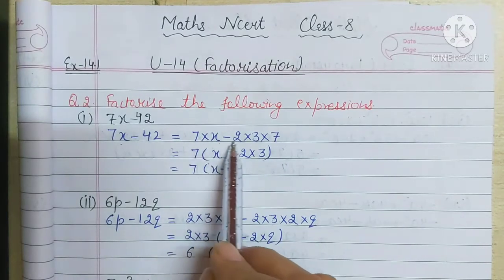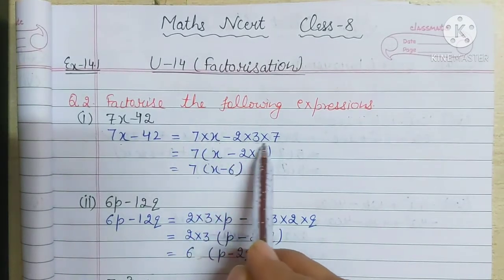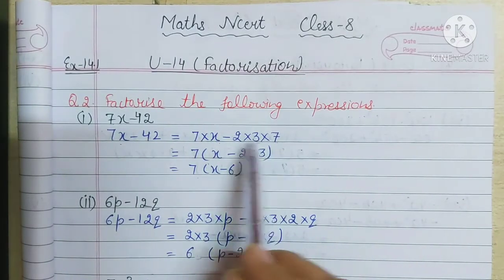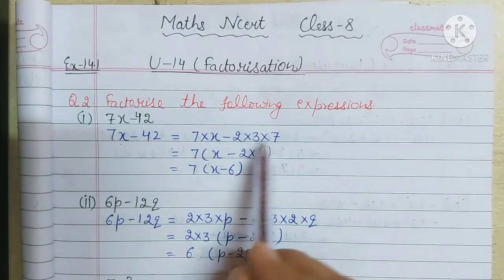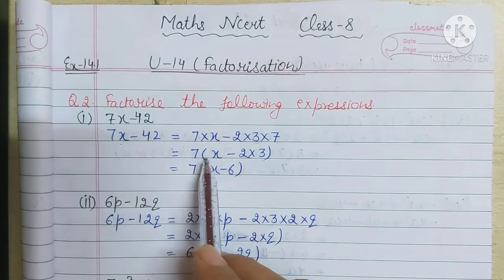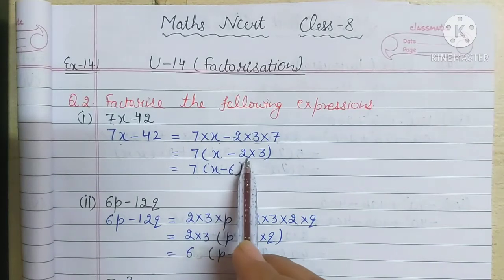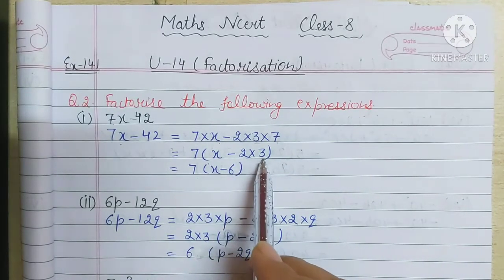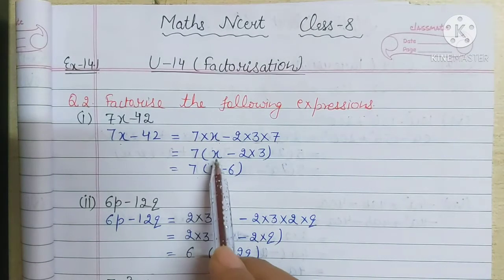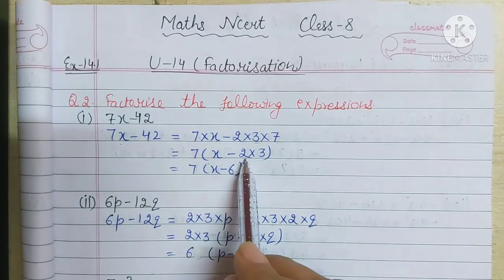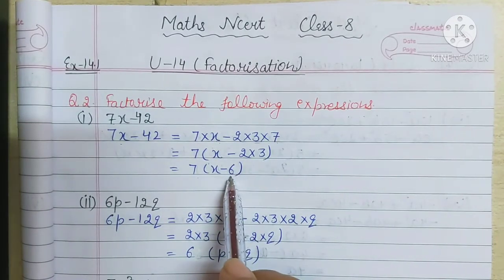Now I will observe carefully what is common in these two terms. 7 is common in these two terms. So I can write 7 bracket x minus 2 multiply 3. I am using the distributive property here. So 7 will be x only, and 2 multiply 3 will be 6.